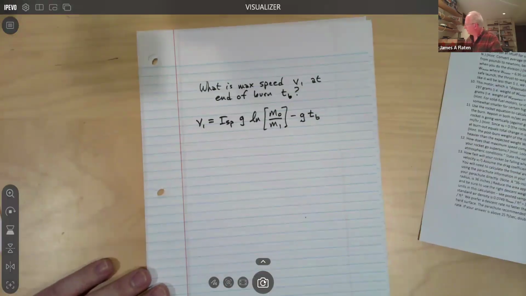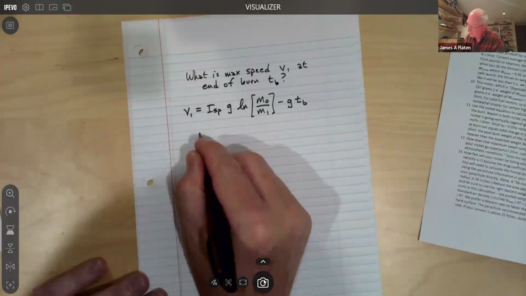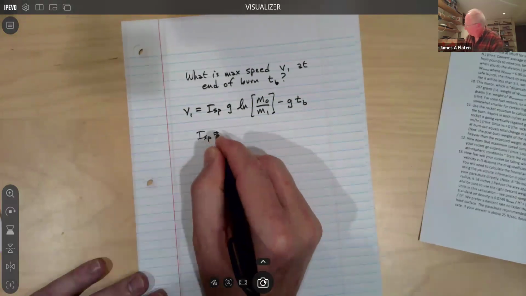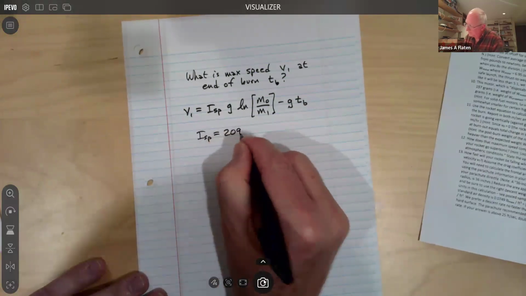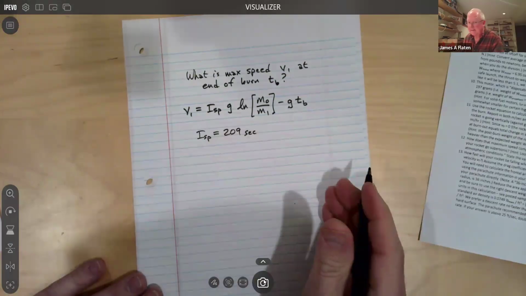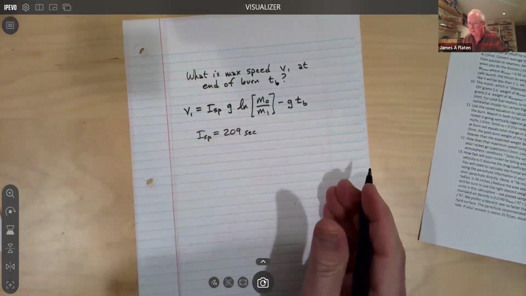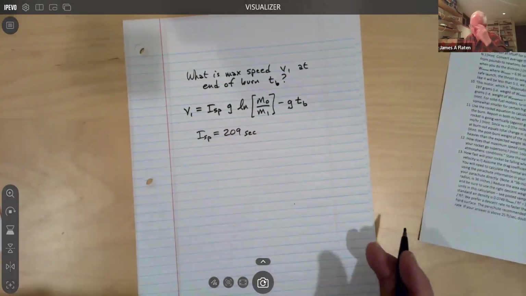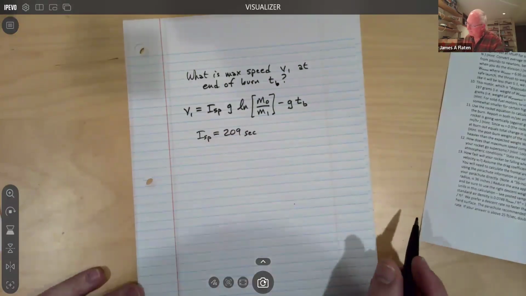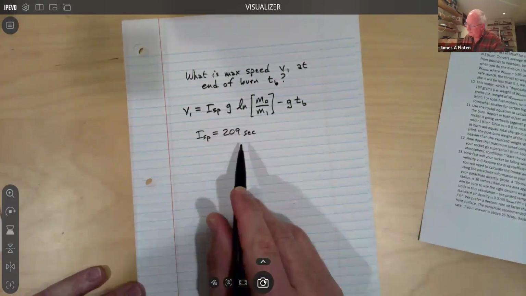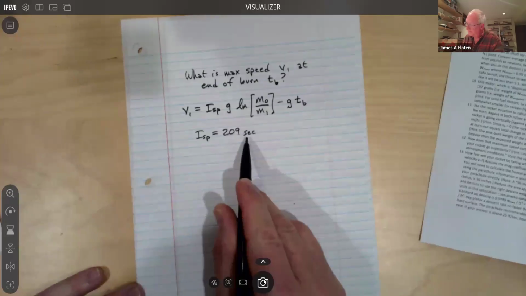For instance, we already calculated moments ago that ISP is equal to 209 seconds. I haven't actually decided yet if I'm going to do this in metric or in US customary units. This could be either one.